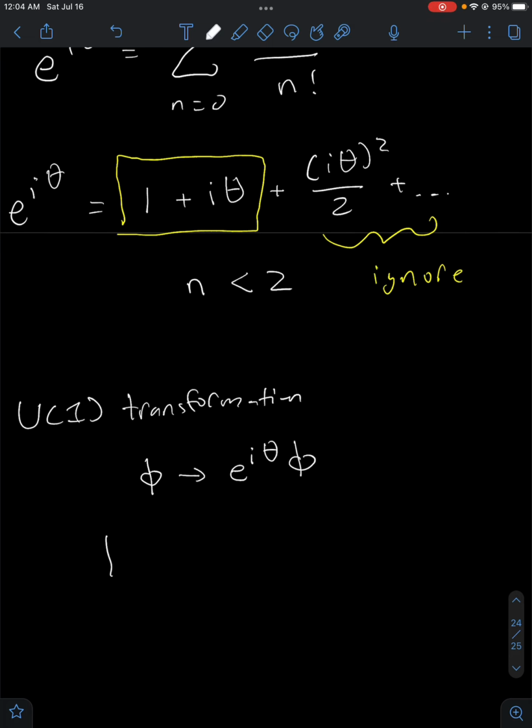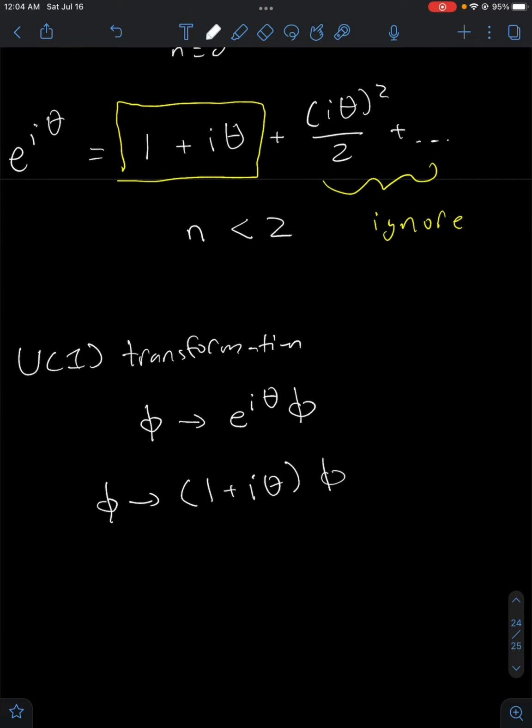Well, now we expanded e to the i theta in terms of a Taylor series, and now we have that it is 1 plus i theta times phi. This means that phi is being changed to phi plus i theta phi.